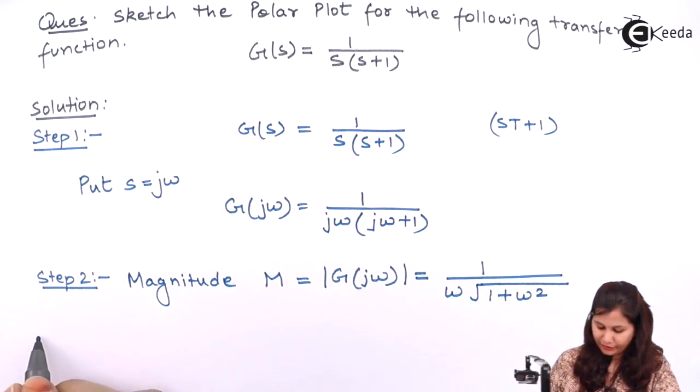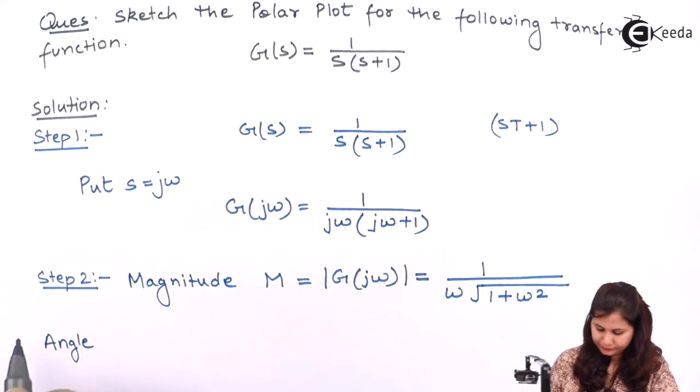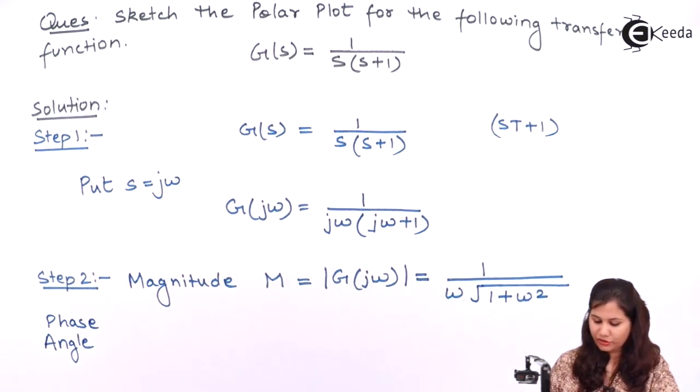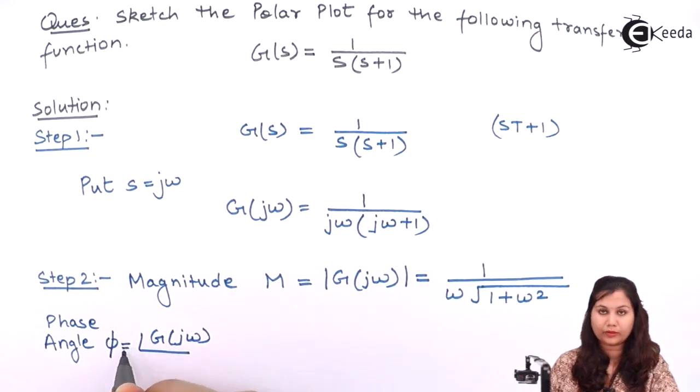Now the phase angle of G(j omega) is represented by phi.